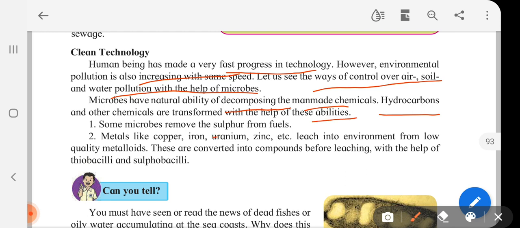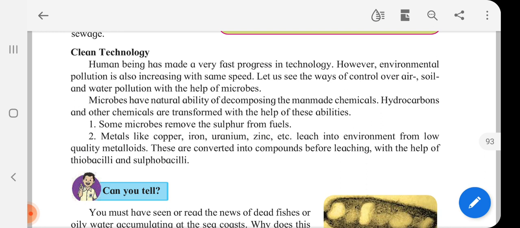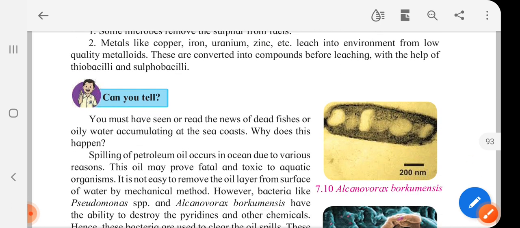Some microbes remove sulfur from fuels. Metals like copper, iron, uranium leach into the environment from low quality metalloids. They mix up in the environment. They are converted into compounds before leaching with the help of thiobacilli and sulfobacilli bacteria. Okay, so this way they can be treated.